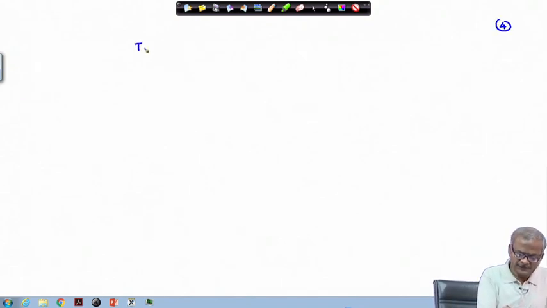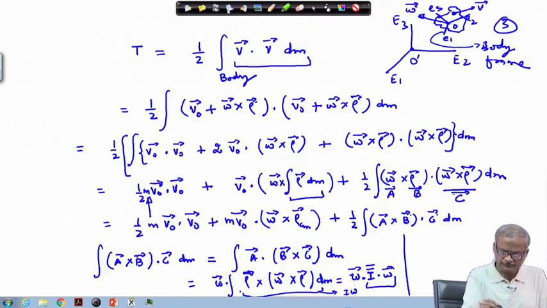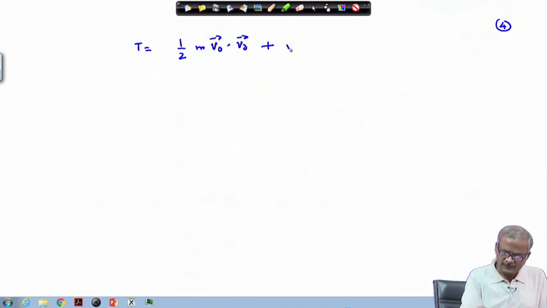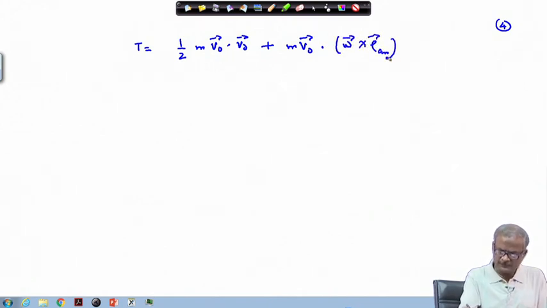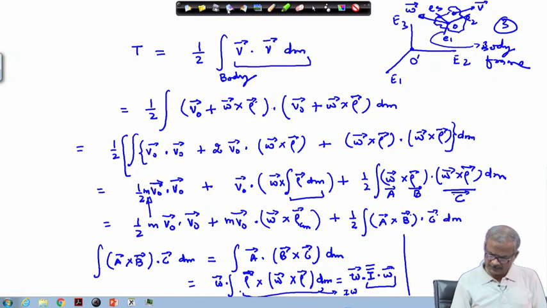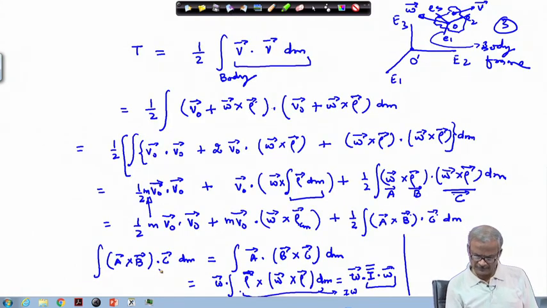And therefore, T gets reduced to 1 by 2 m V 0 dot V 0 plus m times V 0 dot omega cross rho C, okay, and plus this term.